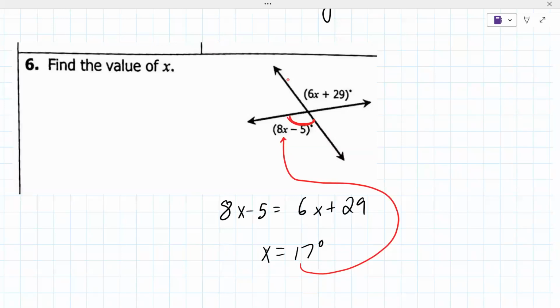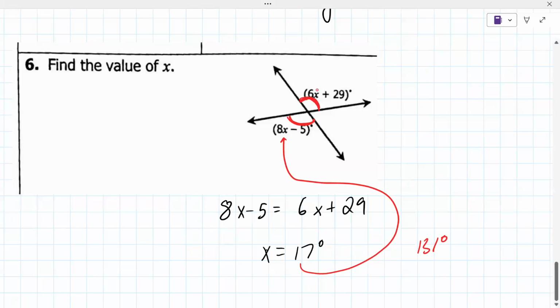8 times 17 minus 5. Oh, 131. Right, very good. Now, what about the other angle?